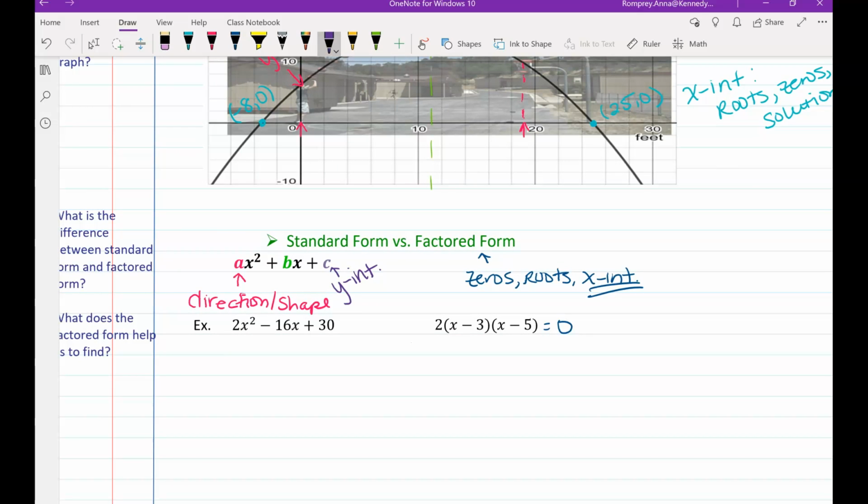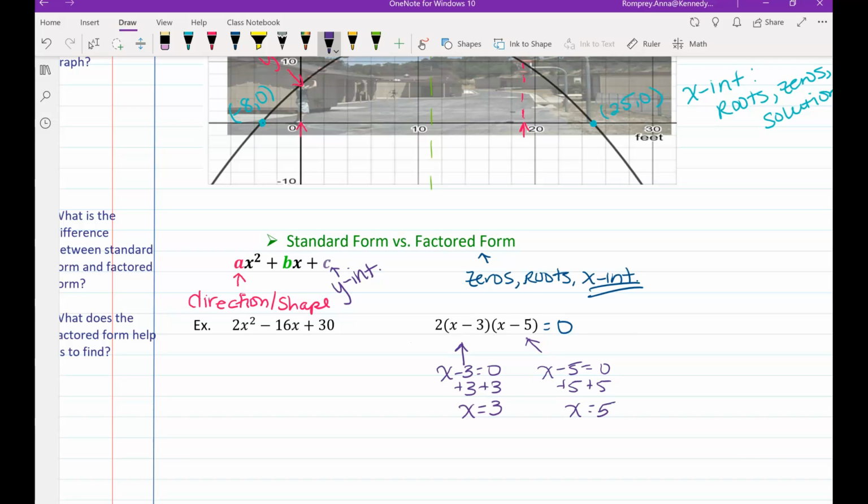If I look at this, x minus 3, if I set it equal to 0, I have an x-intercept at 3. x minus 5, same thing. If you set it equal to 0, we have an x-intercept at 5.